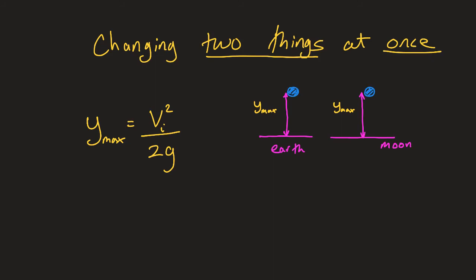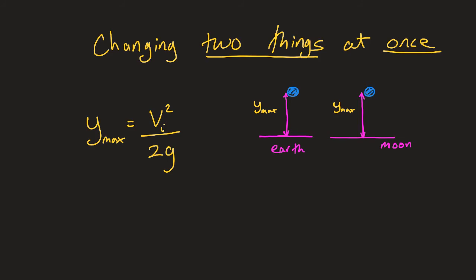And then what if we modified our question about the Earth and the moon, and we said, look, we know that when we go to the moon and we fire that object straight up, it's going to go 6 times higher than on Earth, because gravity is weaker. But what if we don't want that to happen? What if we want the object on the moon to go to the exact same height that it goes to on the Earth, as I've shown here?